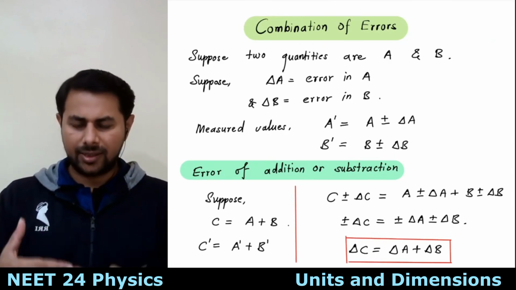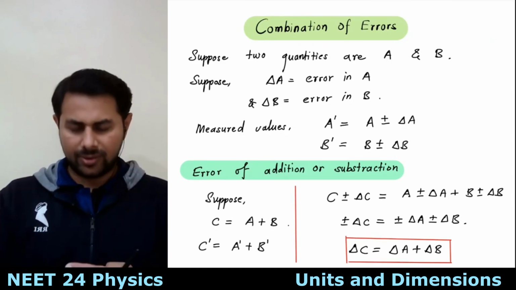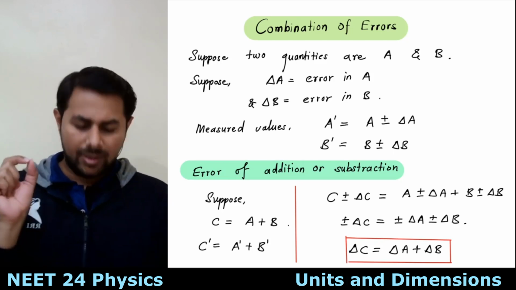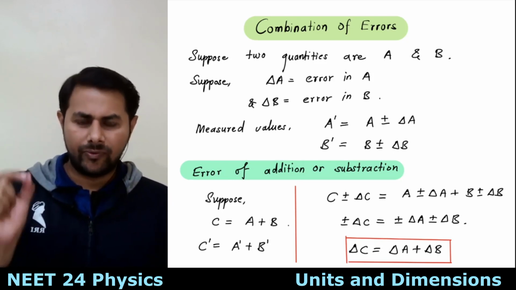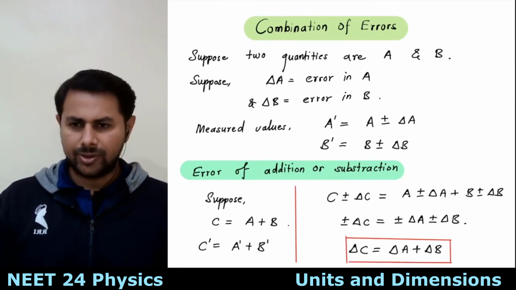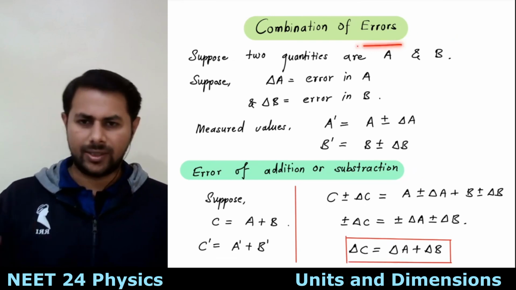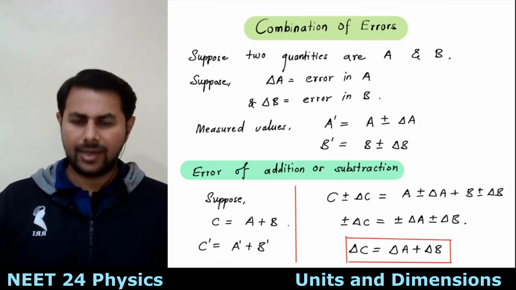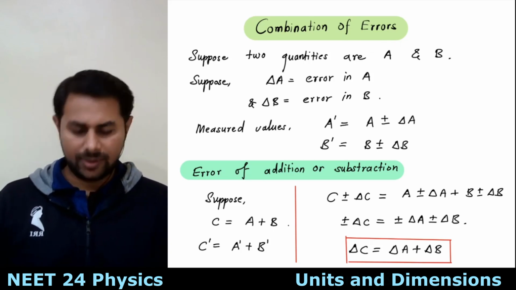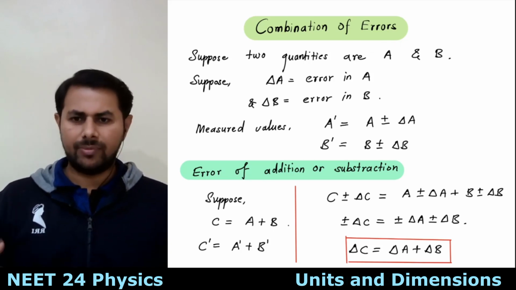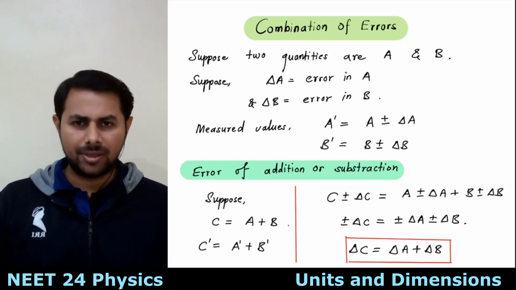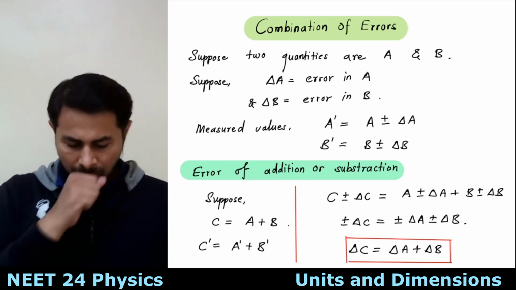So these are error in one measurement, not one measurement, error in the measurement of one quantity, right? Now suppose you want to measure two quantities, okay, and you want to find out error in the combination of those two quantities, right? Because sometimes you need to add quantities, sometimes you need to subtract, sometimes you need to multiply, okay.